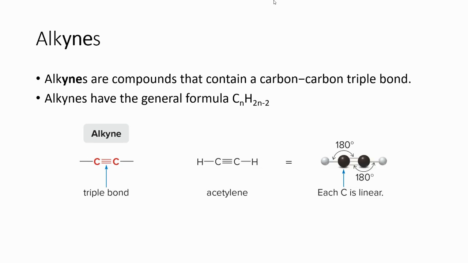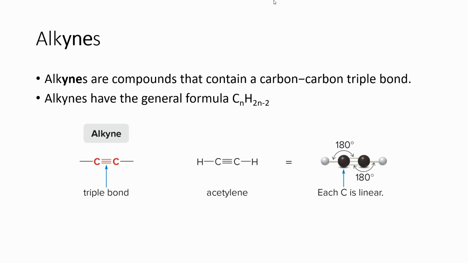Okay, the other type of thing we're adding is an alkyne. Alkynes are compounds that contain carbon-carbon triple bonds. And they have this formula: however many carbons they have, 2 times the number of carbons minus 2, that's how many hydrogens they have. Or you can just count. The smallest alkyne is acetylene. Have you heard of that?